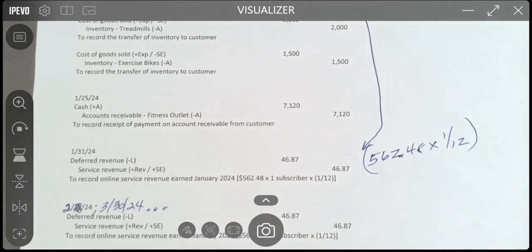And that is the accounting for a bundle of performance obligations bundled together for one price.